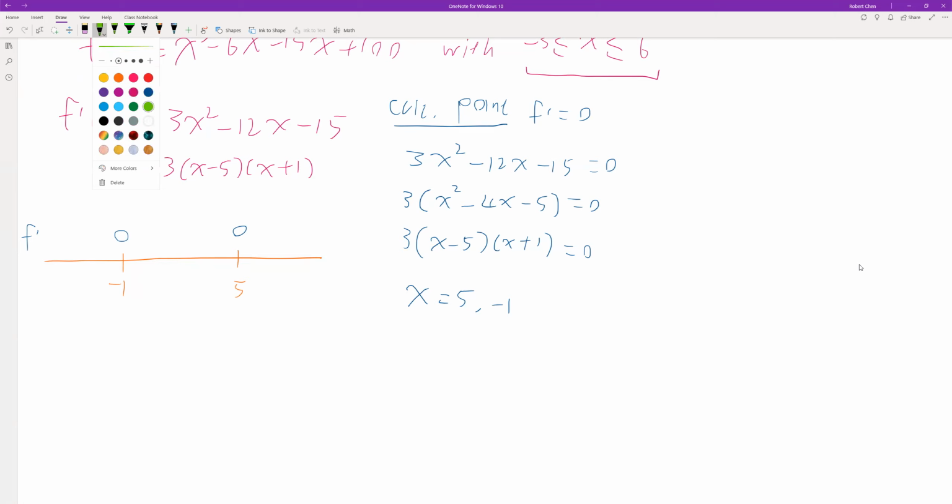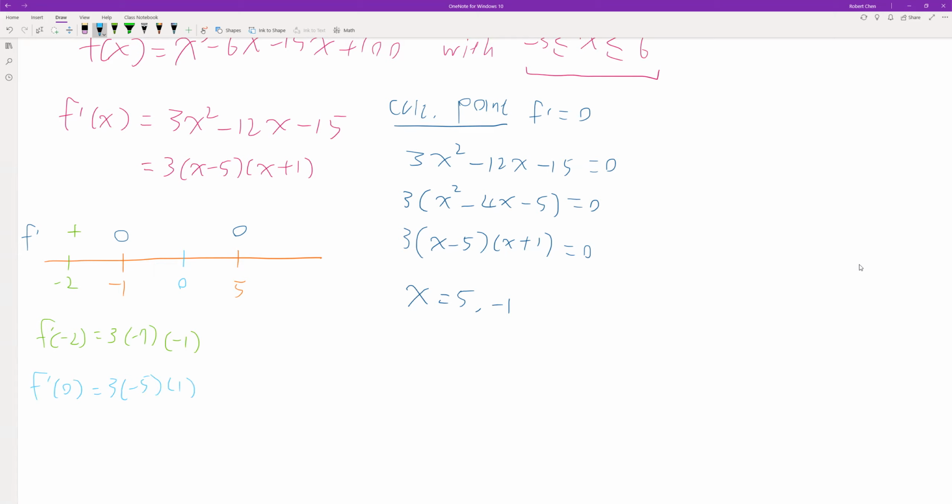Let's check, say, -2. f prime of -2 will be 3 times -7 times -1, which will be positive. Then let's do 0 in the middle. f prime of 0 will be 3 times -5 times 1, which will be negative. And last, let's check 6. f prime of 6 will be 3 times 1 times 7, which will be positive.